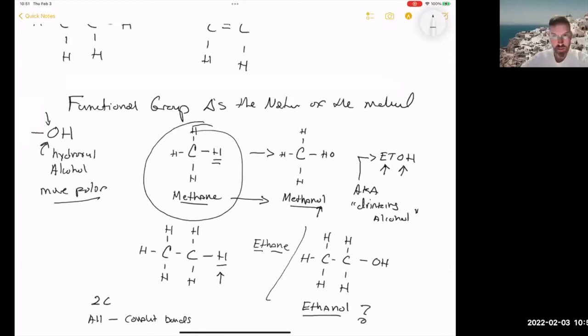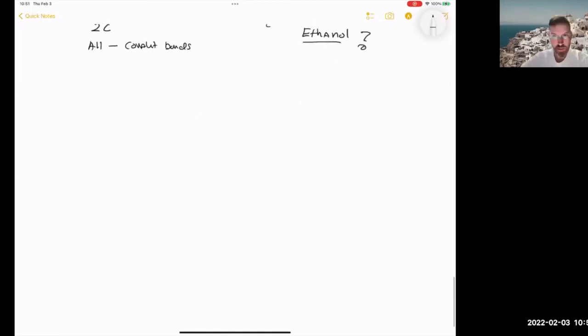But if I add a hydroxyl group and turn it into methanol, now I have a polar liquid that does dissolve in water. So you can see that the human body can use these functional groups and add them or take them away from molecules to make them more or less polar, or to make them react in different ways chemically. That's why functional groups are so important.